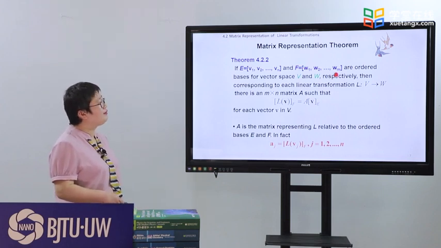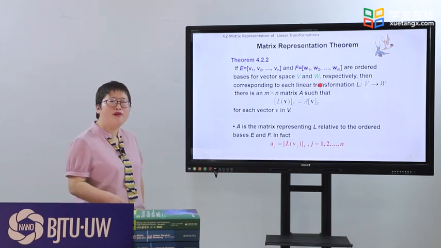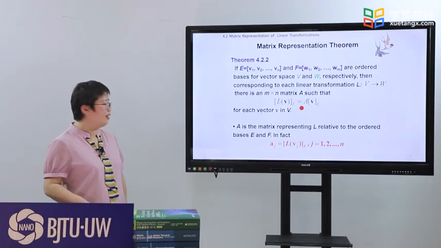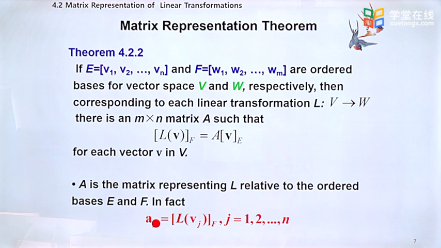If E and F are ordered bases for vector spaces V and W respectively, then corresponding to each linear transformation L from V to W, there is an m by n matrix A such that the coordinate vector of L(v) with respect to F just equals A times the coordinate vector of v with respect to the basis E, for each vector v in the vector space V. Here, A is a matrix representing L relative to the ordered bases E and F. And in fact, we know that aj, the jth column of A, just equals the coordinate vector of L(vj) with respect to the given basis F, for each j varies from 1 to n.